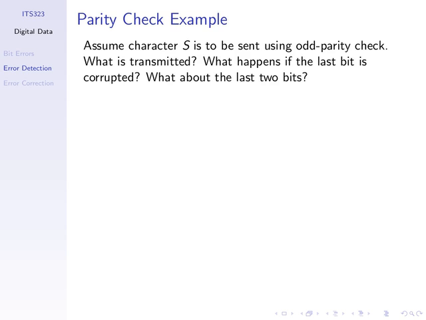So we're going to transmit a sequence of n bits, or 8 bits in this case. What's our parity bit? 1. Why is it 1? Because the frame, that is the 8 bits, needs to contain an odd number of ones. So we've currently got an even number of ones, so we add another one and we'll have an odd number of ones.